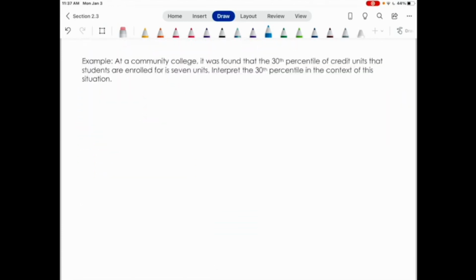Let's look at the next example. It says, at a community college, it was found that the 30th percentile of credit units that students are enrolled for is 7 units. So it's saying that the 30th percentile is 7 credits. Interpret the 30th percentile in the context of this situation. So because it's the 30th percentile, I could say it one of two ways.